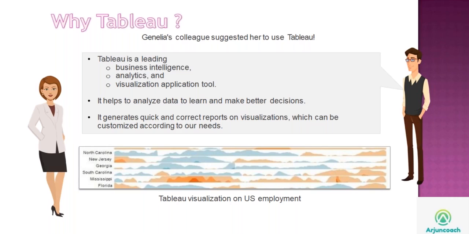It helps to analyze the data to learn and make better decisions. It generates quick and correct reports and visualizations which can be customized according to our needs. So through Tableau, we can generate quick and correct reports.